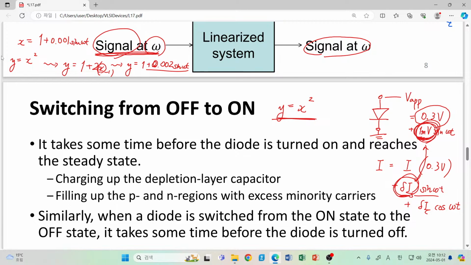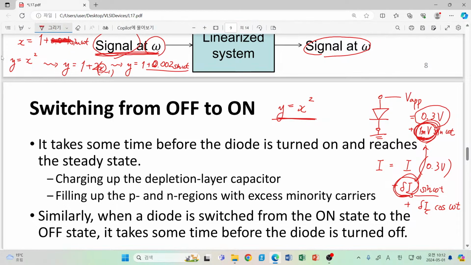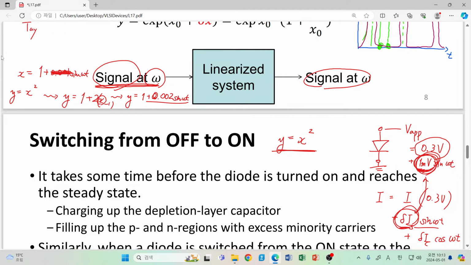Well, I'm just repeating the linearization of one simple nonlinear system, but instead of that, now let's say that we have 1. Number 1. Then what will happen? Please explicitly calculate the output without relying on the approximation. Then your y will be just the square of 1 plus sine omega t.